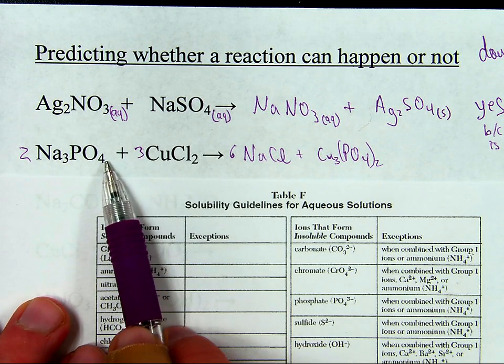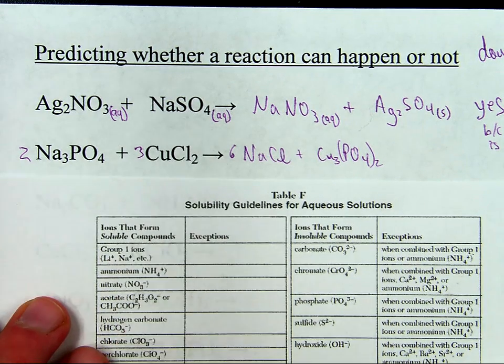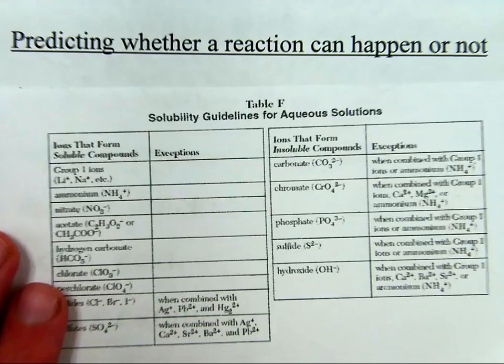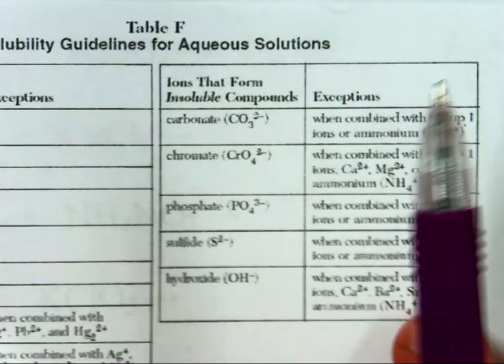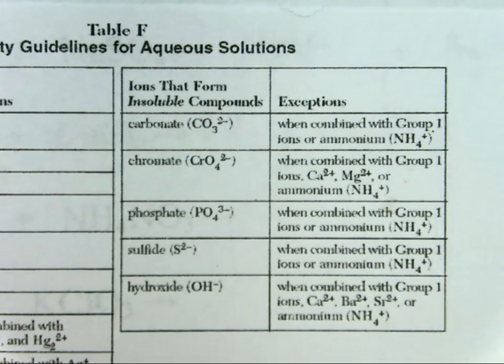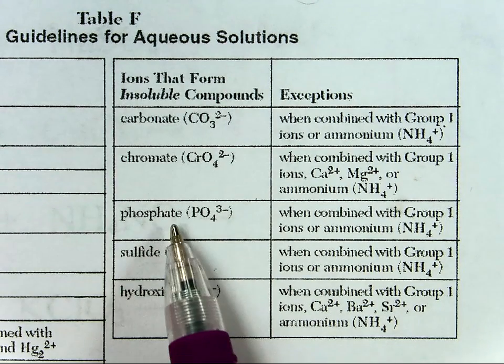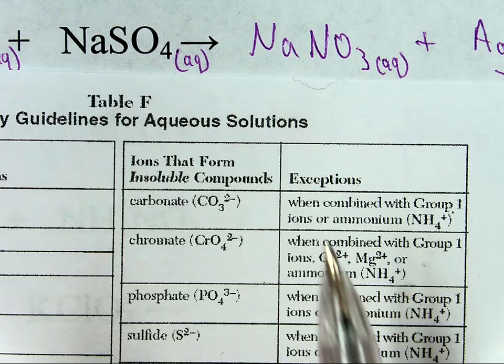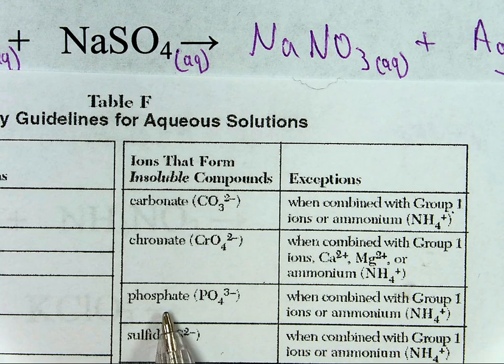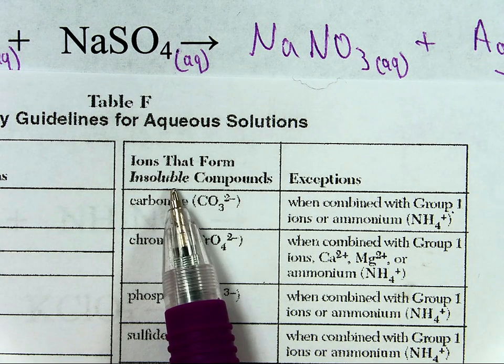So let's look at the first one, sodium phosphate, and find phosphates on this chart. I see phosphates over here. Now, sodium phosphate, what's it going to be? Phosphate is here under the insoluble compounds.